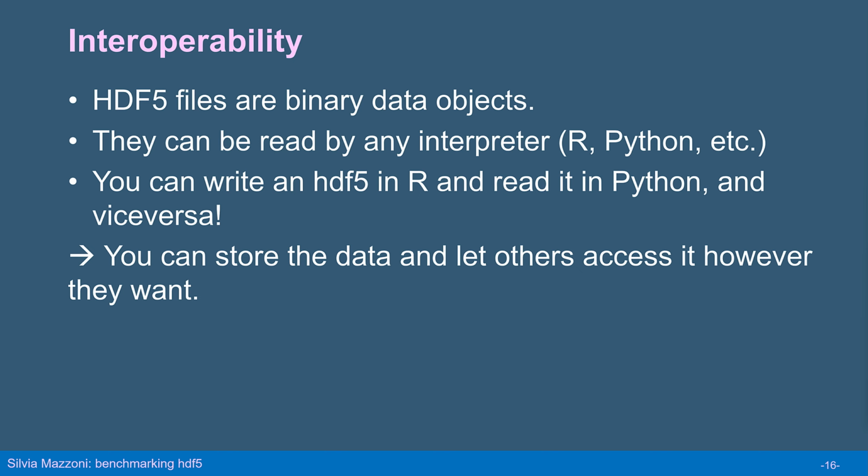It also means you can store the data somewhere and then others can access it however they want. You don't have to give them an interpreter, or even a schema or anything like that. They can just open it easily in Python. For example, you can put it into an S3 bucket, and people can access it there if you make it public. So it's really cool, just the versatility of its interoperability.